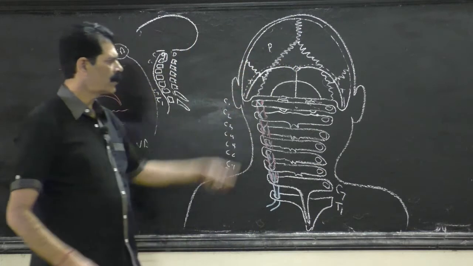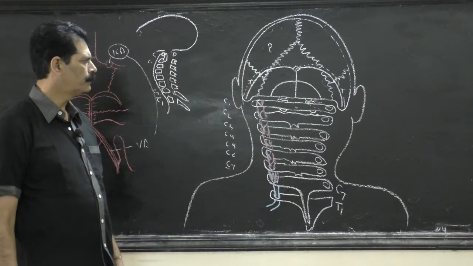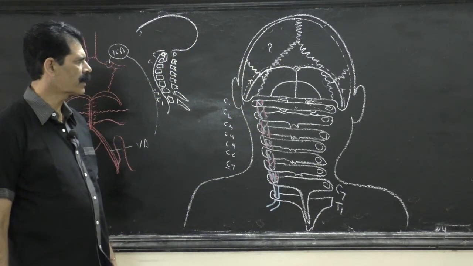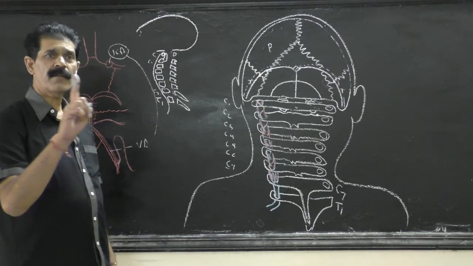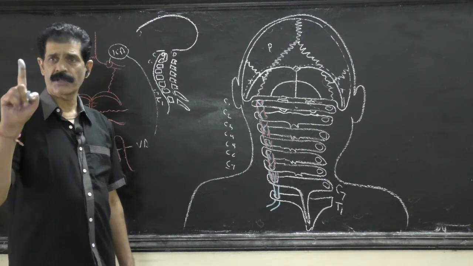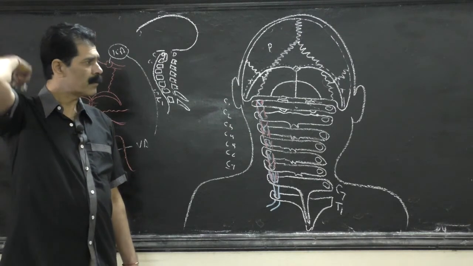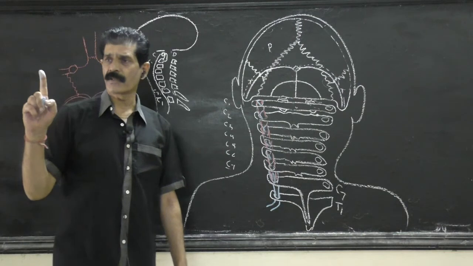So this is all about the vertebra and foramen transversarium. Another thing is that all these cervical vertebrae remain straight, or in other words, the whole of our vertebral column remains straight.